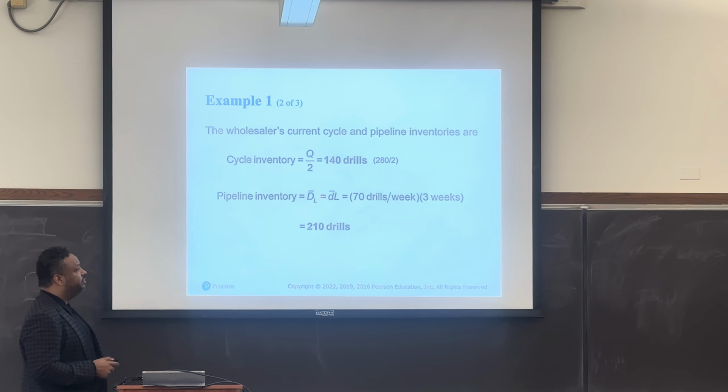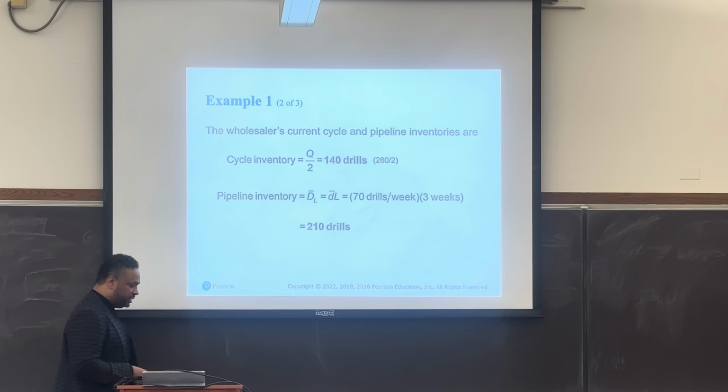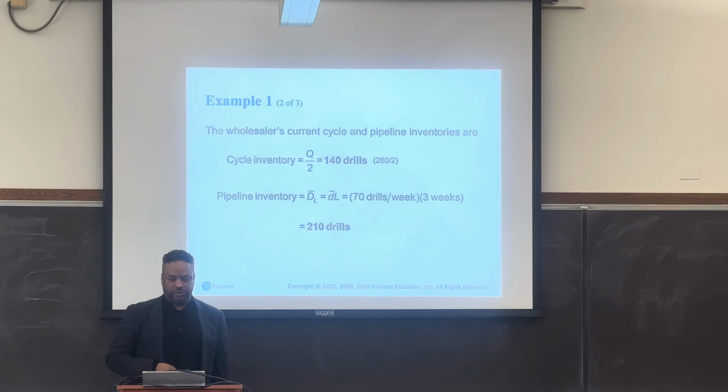Our pipeline inventory: we sell 70 drills per week, because 280 divided by 4 weeks is 70. But it takes 3 weeks for us to get it. So our pipeline inventory is actually 210 drills, because we're multiplying by the actual number of weeks it takes to get all of the drills.